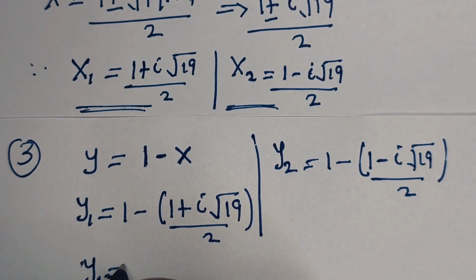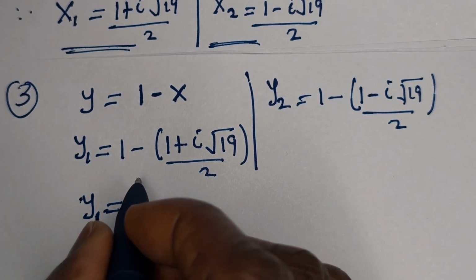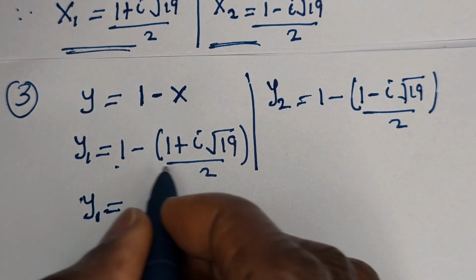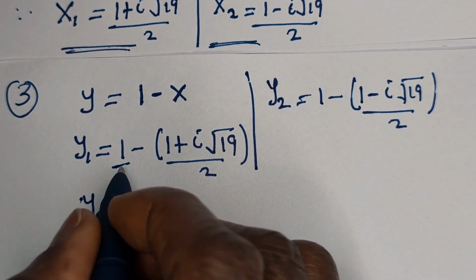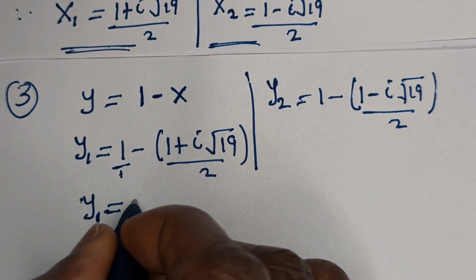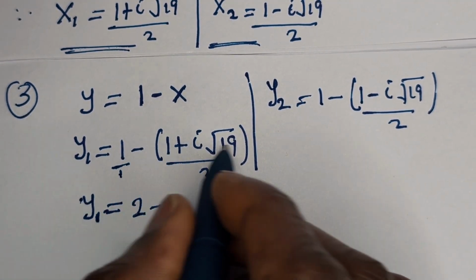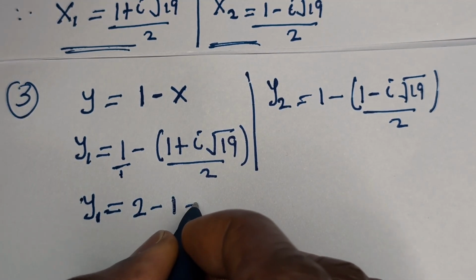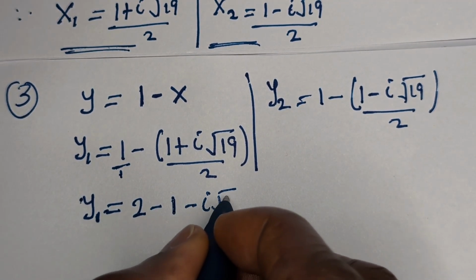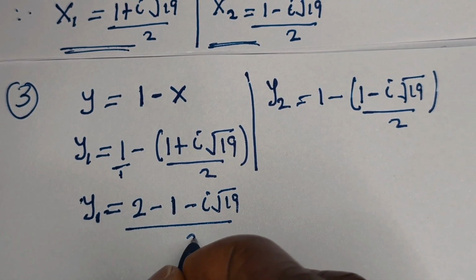y1 is equal to, the LCM here is 2, this is over 1, then 1 into 2 times 1, that is 2, minus, if you open the bracket, we have 1 minus i root 19 over 2.